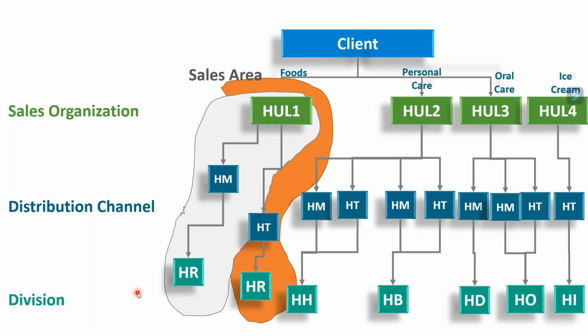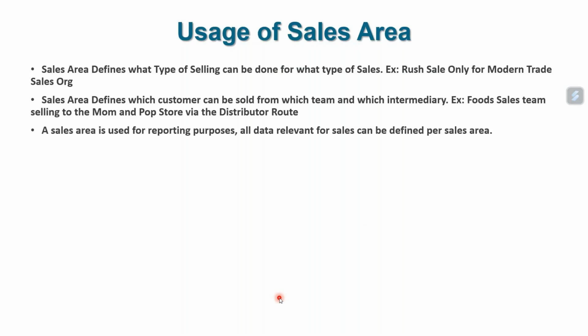If you have John stores in Salisbury, say for example in the US, and you are trying to sell Knorr noodles to John, then what you will do is HUL1, which is the food sales org, along with the traditional trade channel and the ready to eat division are going to serve him. So that's what a sales area does for you.